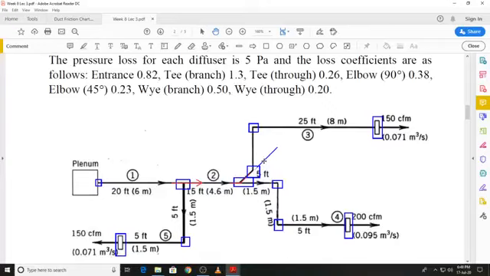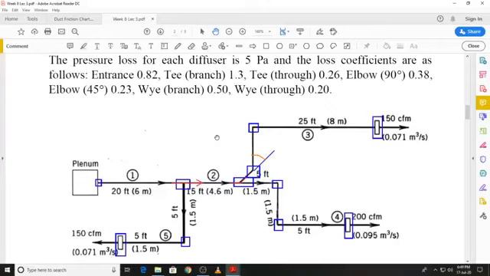So the air is turned by an angle of 45 degrees over here. So if I just want to show, this is the angle that we are looking at. So the air is turned by an angle of 45 degrees. And this is how we can mark out the various sources of minor losses.